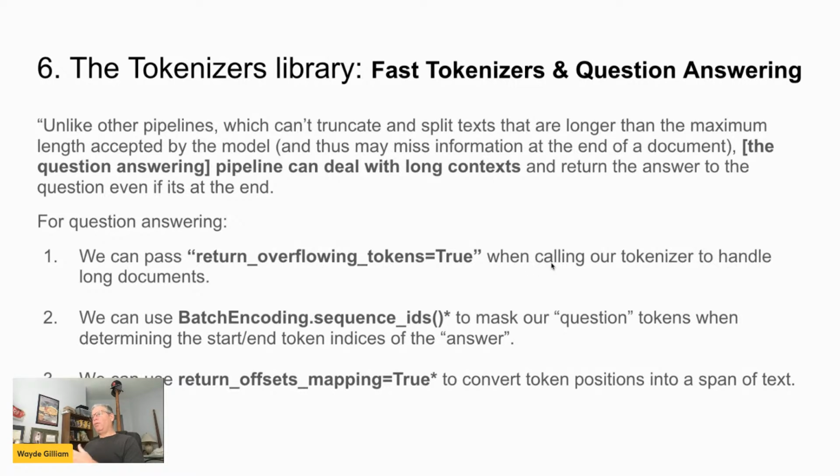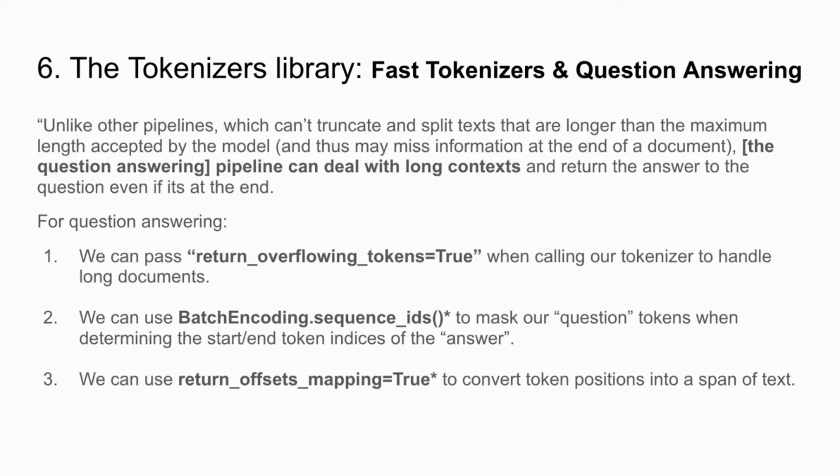If our max length is 128 and we're dealing with an example that's 1,000 characters long, it will chunk that into 128-max-token chunks. So one example will be chunked and converted into multiple examples. That's something we can do when we're doing question answering.